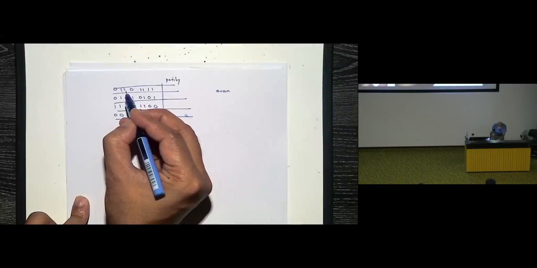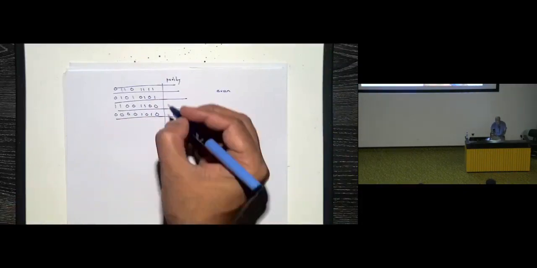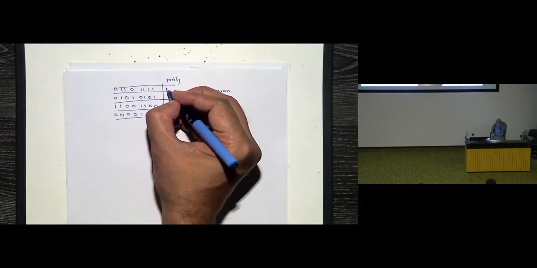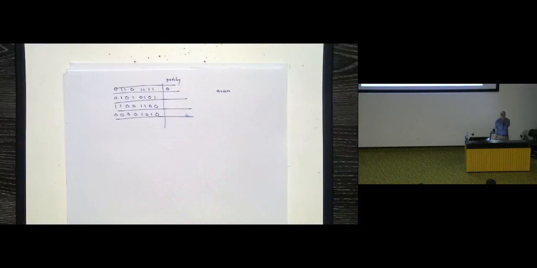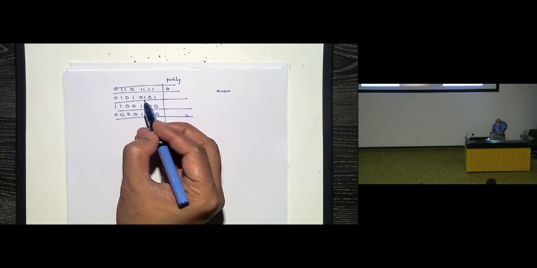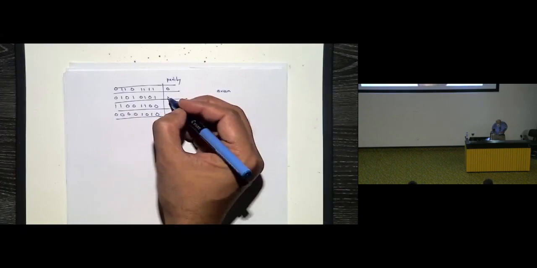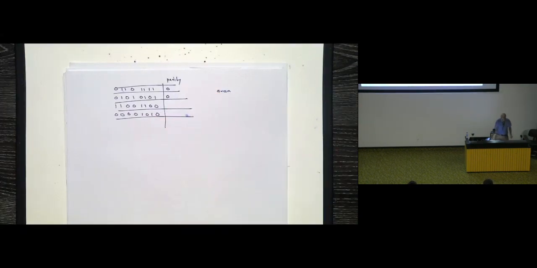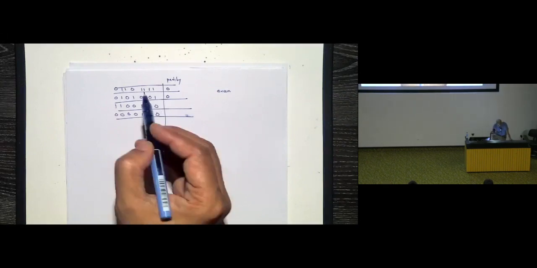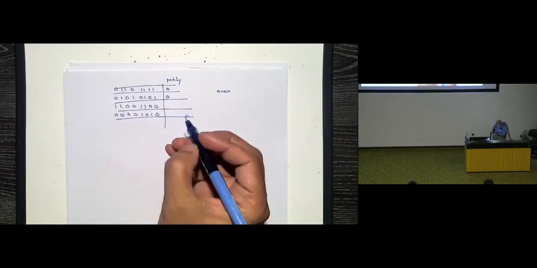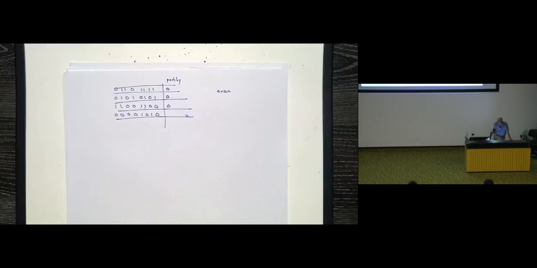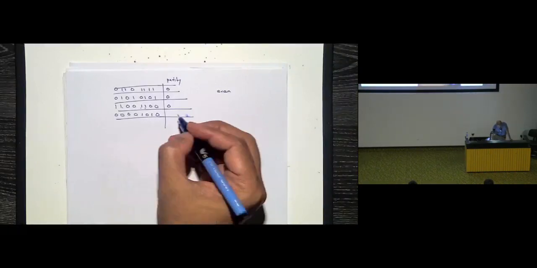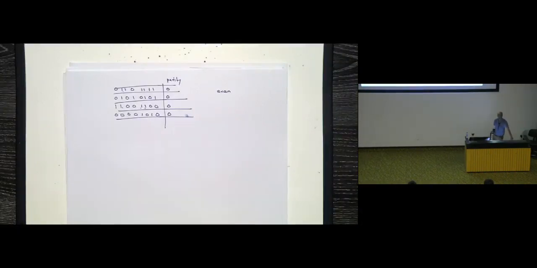So let's count 5, 6. There are 6 ones, so I don't need to add any more, right? It's already an even number. Here I have 1, 2, 3, 4, already an even number, no need to add anything. 1, 2, already an even number, no need to add anything. So this is my usual way of adding parity.